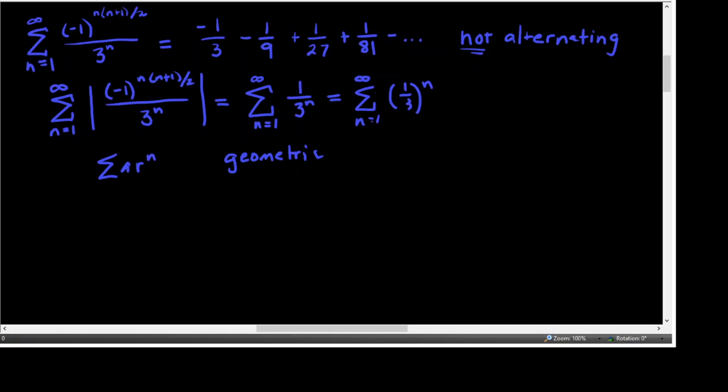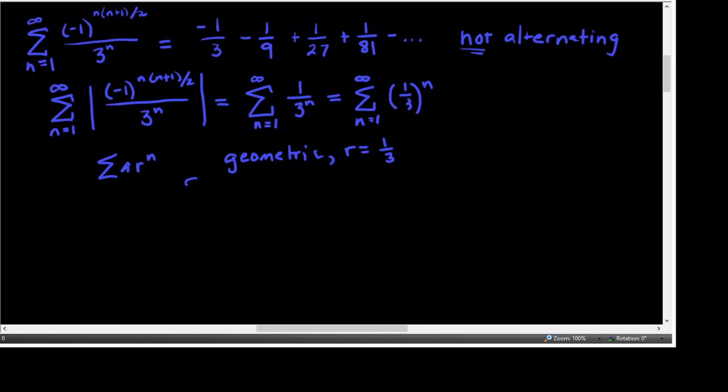So this one is 1 times 1/3 to the nth. And I can tell you that r is definitely 1/3. If I need a, I can find it by putting 1 in to find out what the first term is. I don't need a because I'm not finding the sum of that. We're just finding out if it converges or diverges.